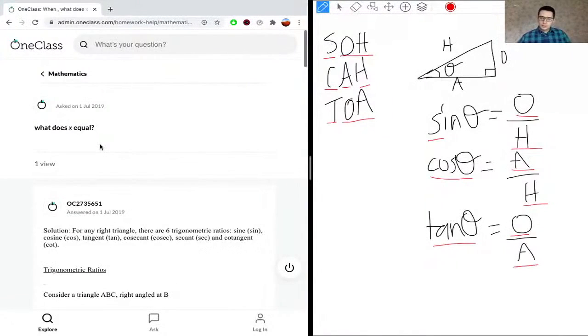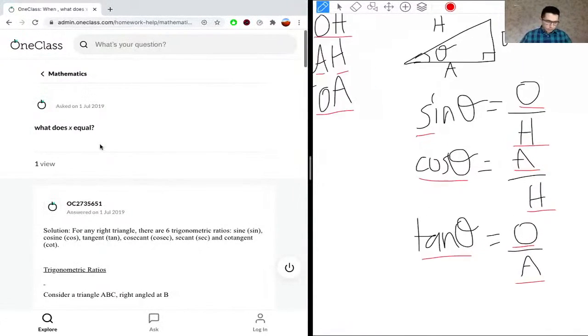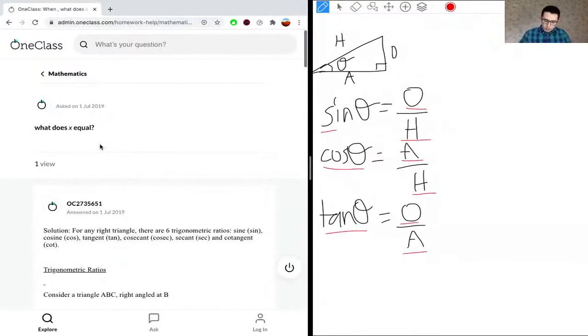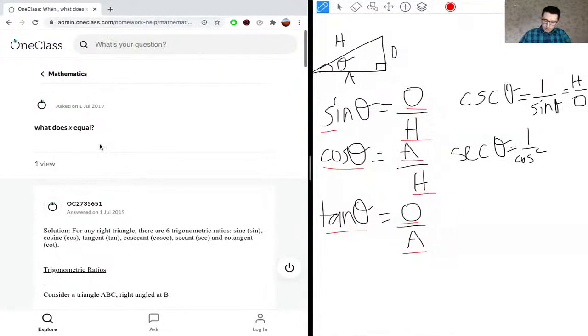And the reciprocals of sine, cos, and tan would give us the following. So cosecant theta is 1 over sine theta, and this equals hypotenuse over opposite. And then secant theta equals 1 over cos theta, and this equals hypotenuse over adjacent.